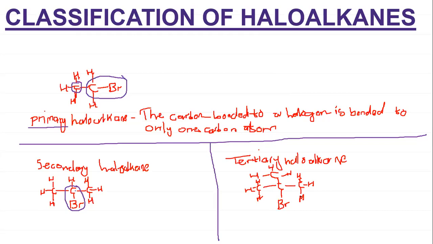Then if I ask you why you are saying it's tertiary, you are going to say to me that this carbon that is bonded to the halogen is bonded to 1, 2, 3 other carbon atoms. So the carbon bonded to a halogen atom is bonded to 3 other carbon atoms. So that is the classes of haloalkanes.